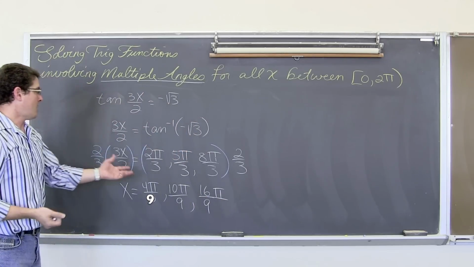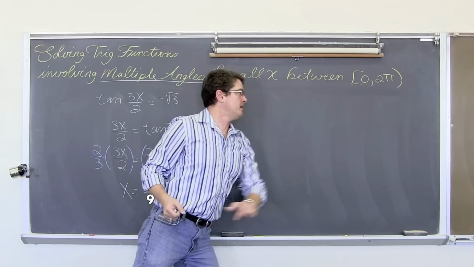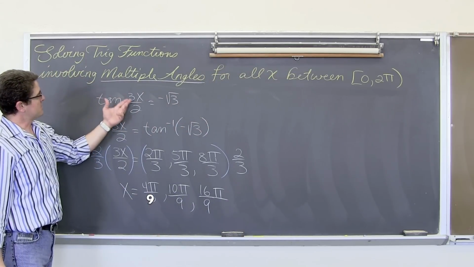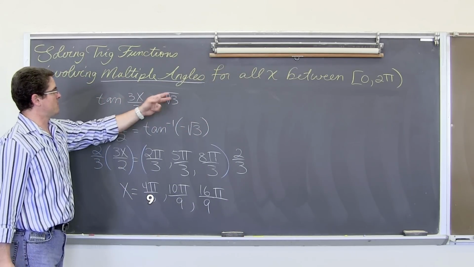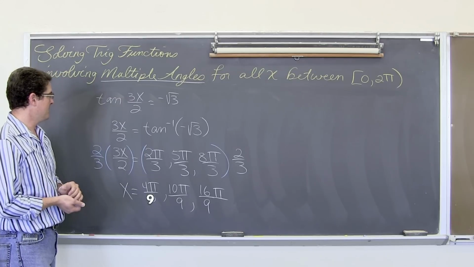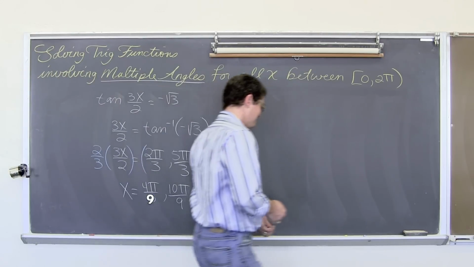So there we go. Our three answers between 0 and 2 pi for the tangent of 3/2x equals negative square root of 3. Okay? All right, let's go on.